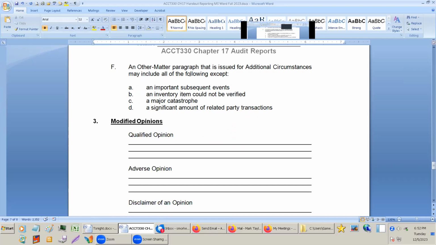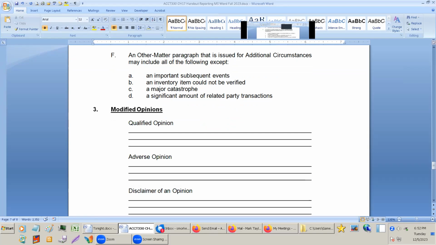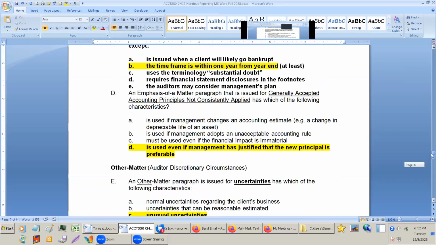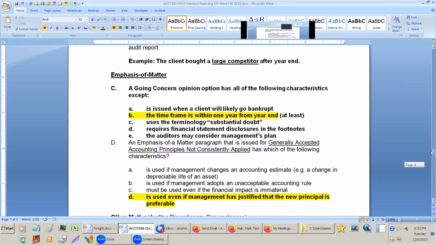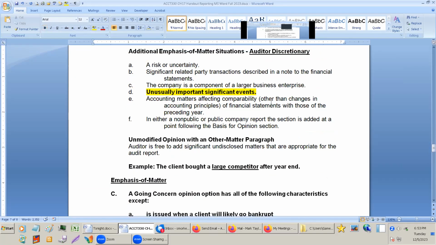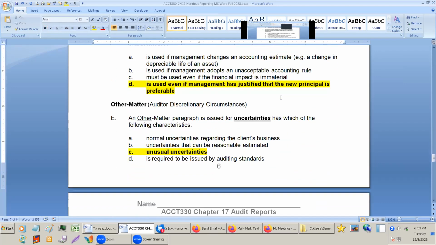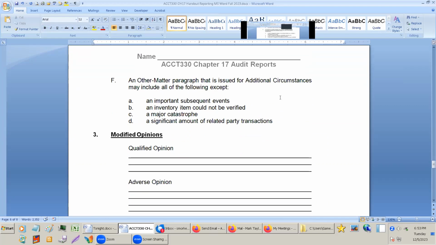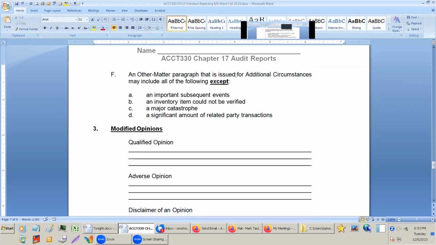Other matter paragraph issued for additional circumstances may include all the following except. I don't think I broke those out in here. Oh, I did. Oh yeah, here we go. So which one of these could not be or should not be an other matter?